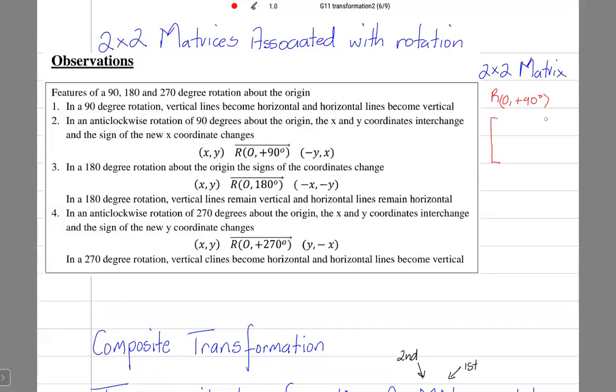Ladies and gentlemen, this is the interchange matrix. And if I put a negative at the top here, that both interchanges and changes the sign of the new X coordinate.